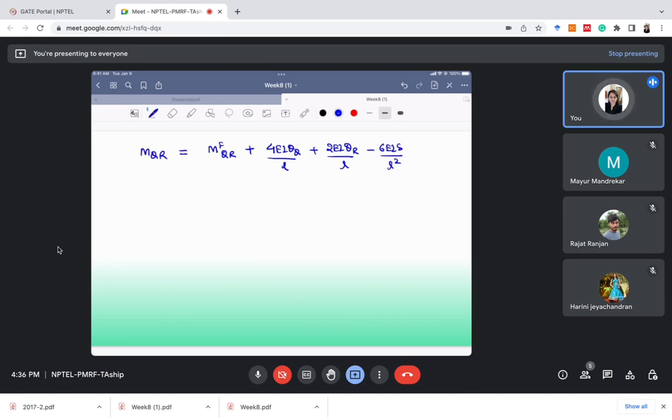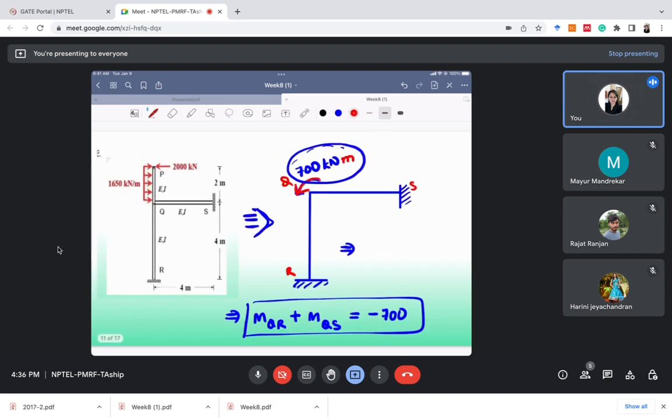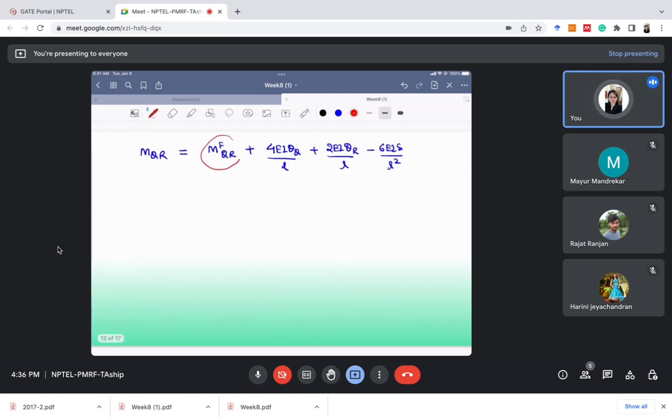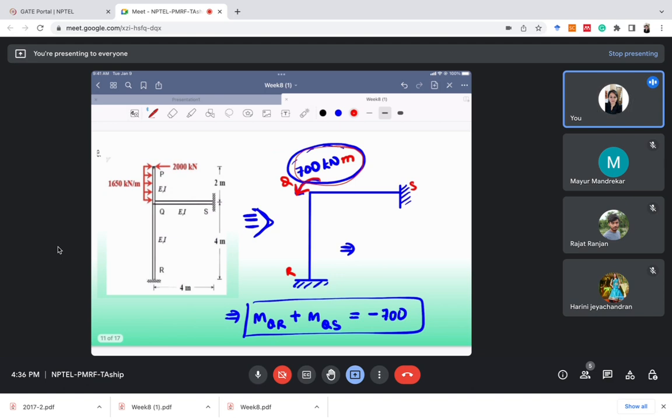Let's see what terms we can remove. There is no external loading in the span. There is no external loading in QR, right? This 700 kilonewton meter is at the joint, it's not in the span. So this is for external loading in span. So MFQR is 0.